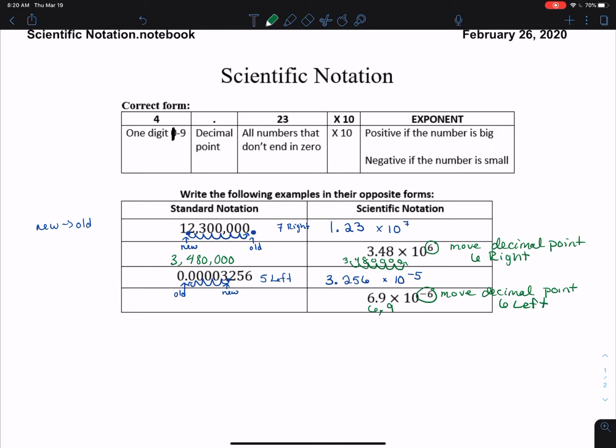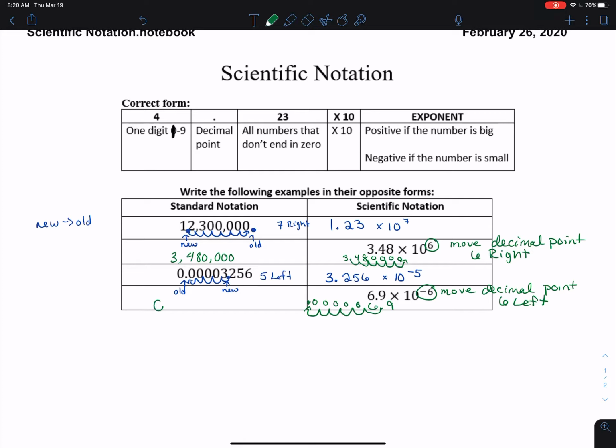I need to go 1, 2, 3, 4, 5, 6 spaces to the left, and I fill in all those blank spaces with zeros. So I'm going to have 0 point, and then I have 5 zeros, 6, 9 for my answer in standard notation.